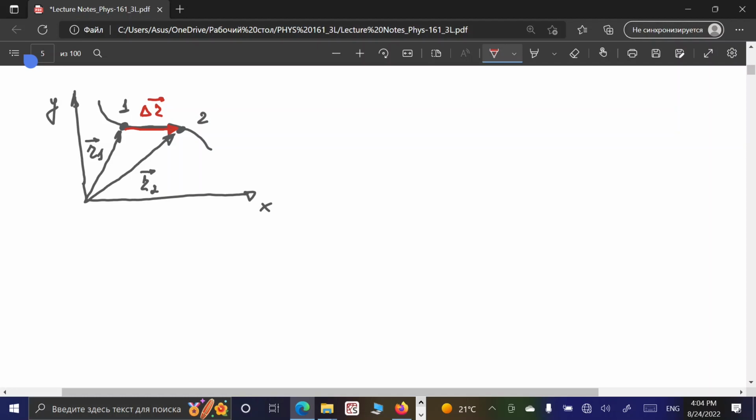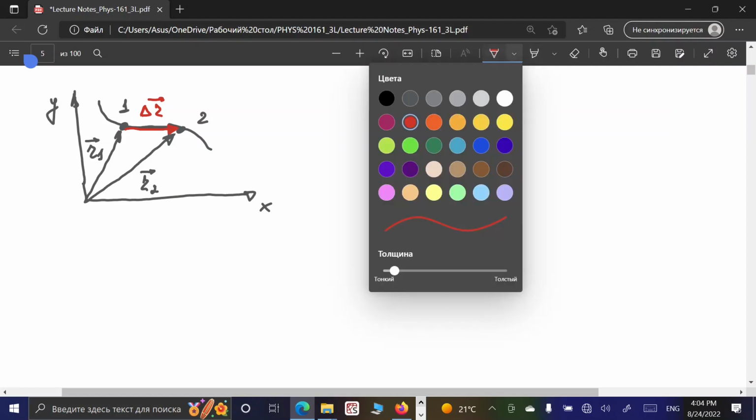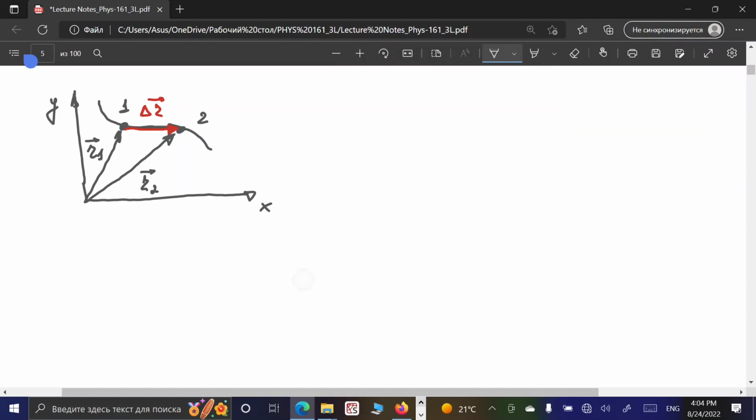Now let us introduce the concept of the instantaneous velocity vector, which is required to describe our motion in two-dimensional space. In general, we can write that the v vector, the instantaneous velocity vector, is equal to the limit as delta t approaches 0 of the delta r vector divided by delta t.